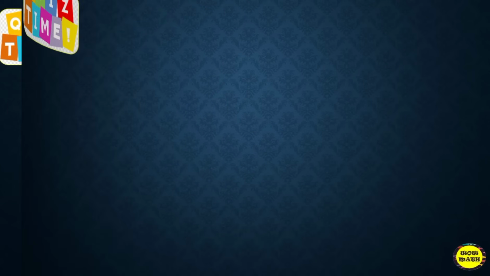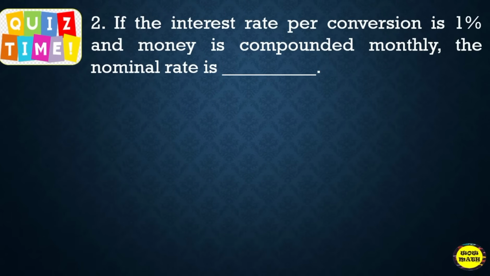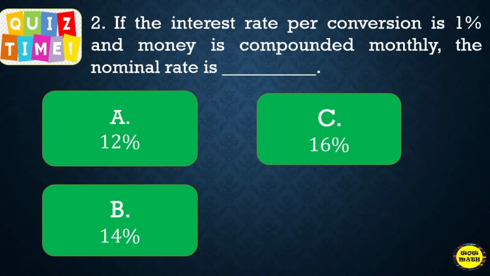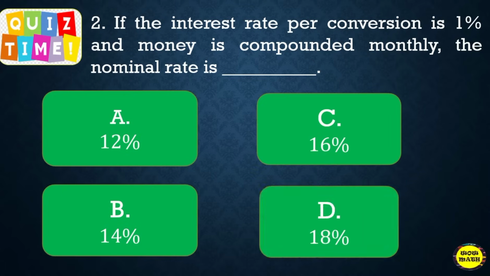Okay, next, question number 2. If the interest rate per conversion is 1% and money is compounded monthly, the nominal rate is blank. A, 12%, B, 14%, C, 16%, and D, 18%.